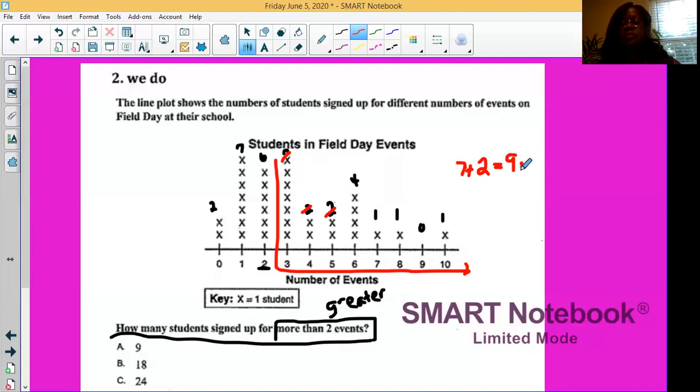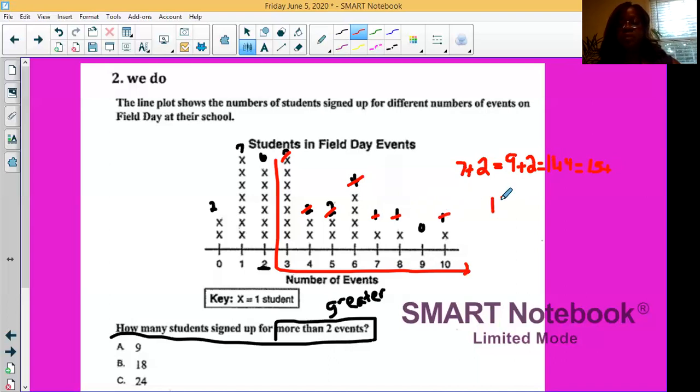Add 2 more. 9 plus 2, we know is 11. This time add the 4 plus 4. So we're at 15. Is 1, 2, and 3, plus 3 more. So that's 1, 2, and 3.